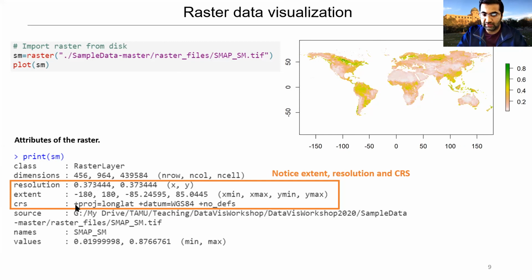So we have this CRS, extent, and resolution, and that essentially makes this 2D matrix a real geospatial data, because now we have the latitude on the y-axis, longitude on the x-axis, and each of these cells in this matrix that we are plotting over here is geolocated.